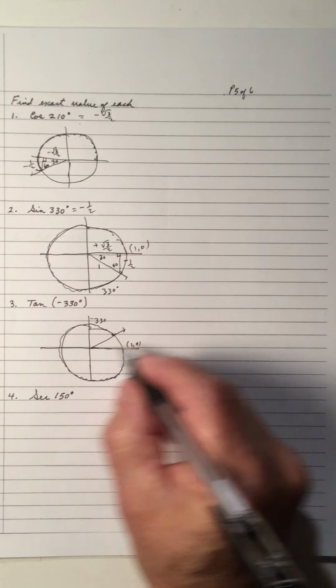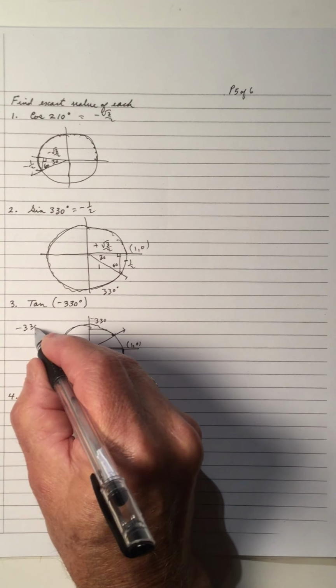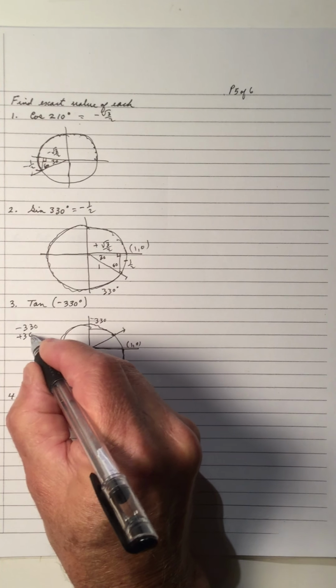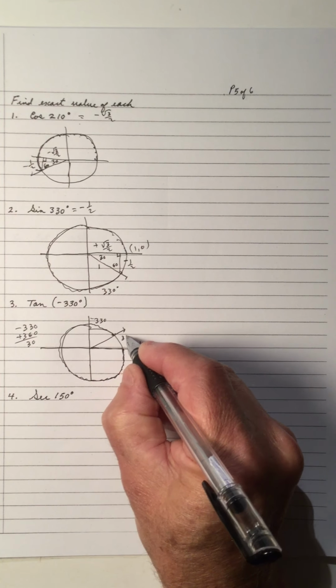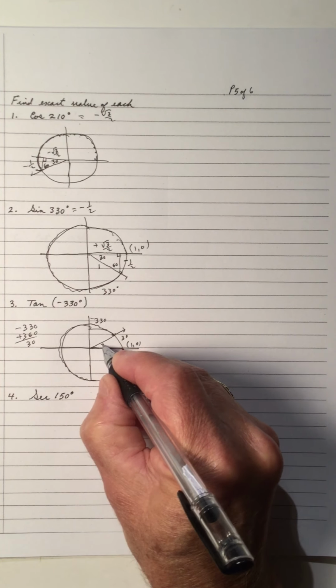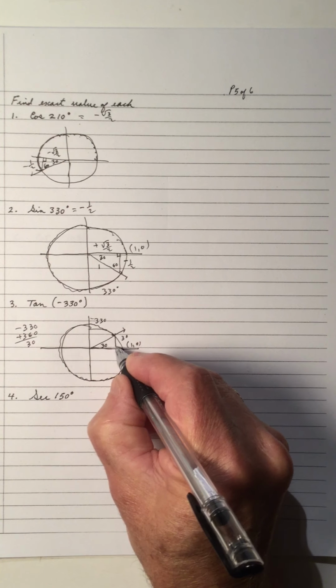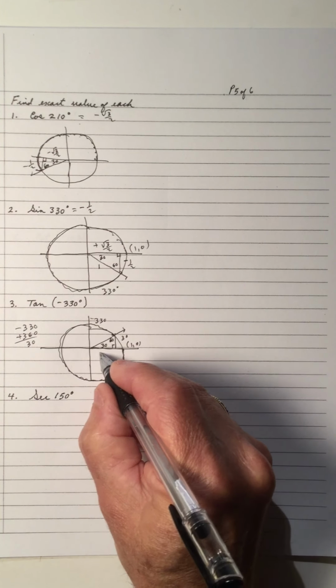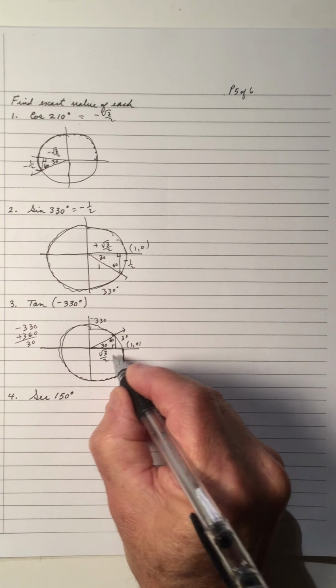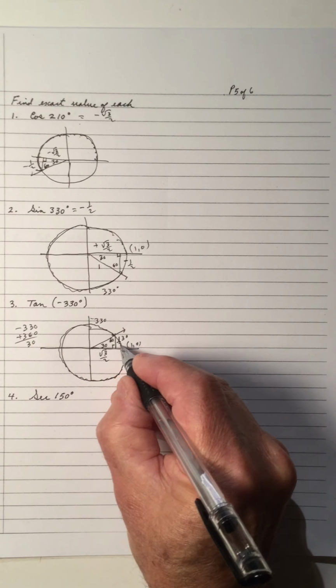You could take a negative 330 and add on 360, and you'll get a 30. So this is a 30 left right here. So that means that angle is 30. This is perpendicular to the x-axis. This is 60. Opposite to 60 is root 3 over 2. Opposite to 30 is 1/2.